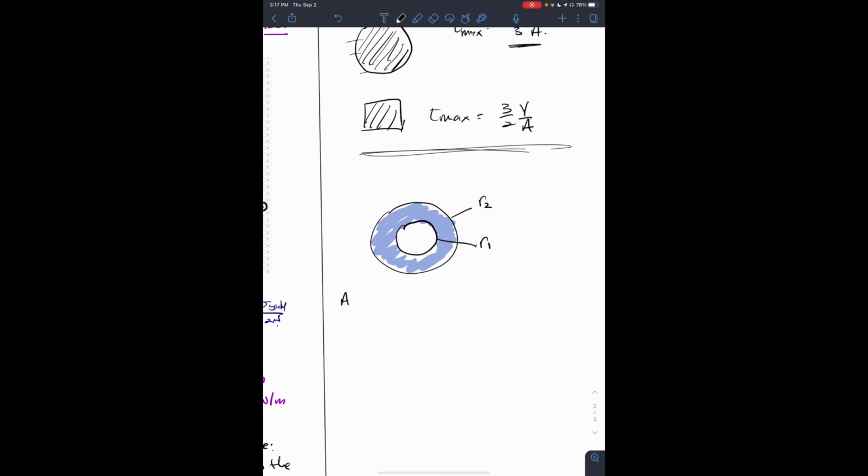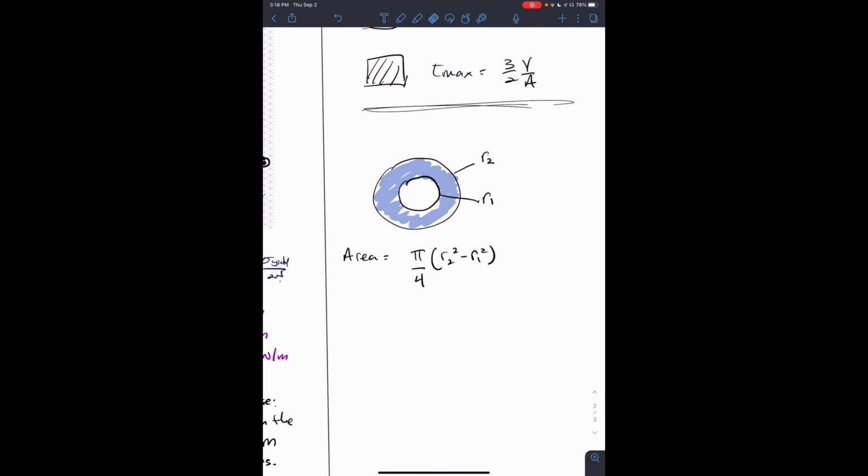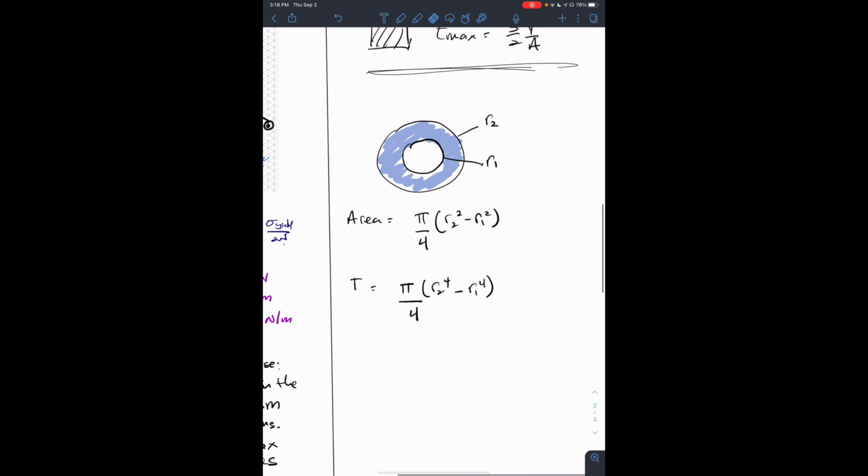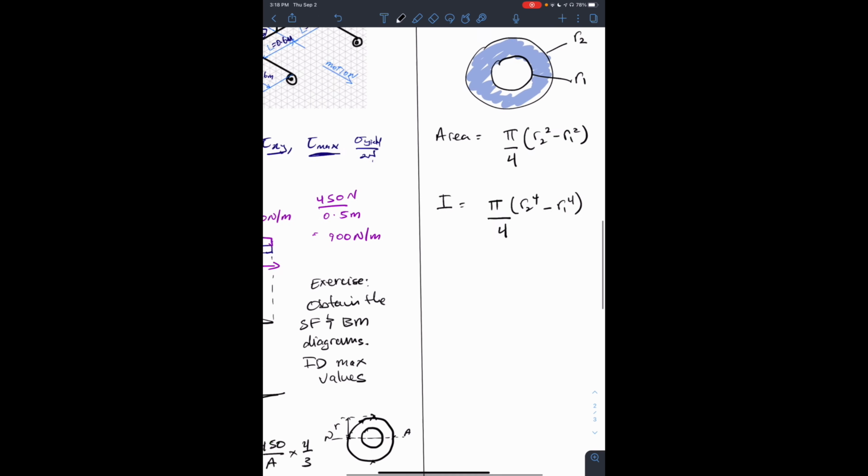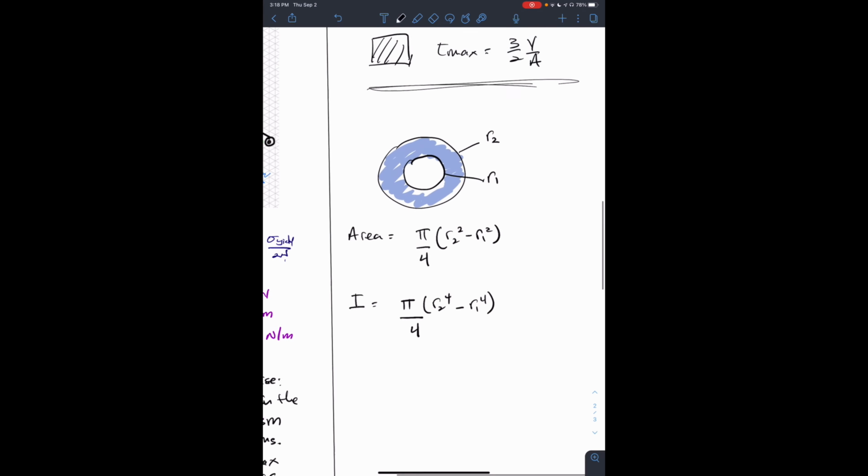We say that the area will be pi, and the second moment of area I will be pi into R2^4 minus R1^4 over 4. So this is I. This is how we would calculate the I term and the area term.